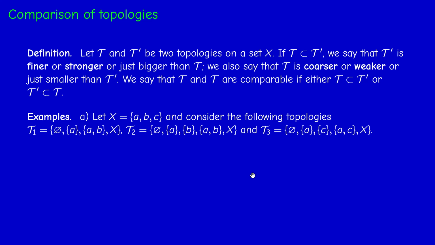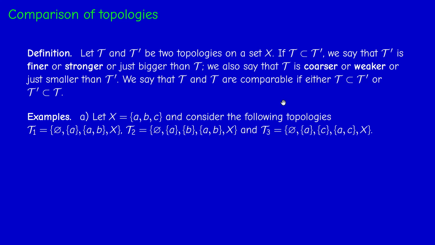So let us give some quick examples. If we consider the 3-point set {a, b, c} and we consider 3 collections, the first one contains 4 elements, empty set, {a}, {a, b}, X, we know that this is a topology. A second collection, empty set, {a}, {b}, {a, b}, X contains 5 elements, and the last one contains also 5 elements.